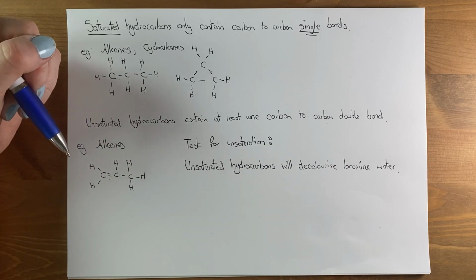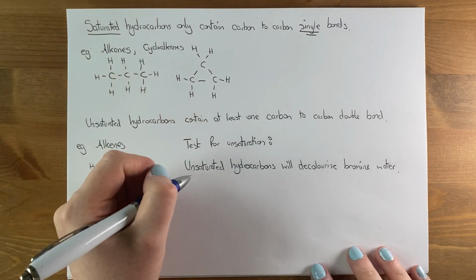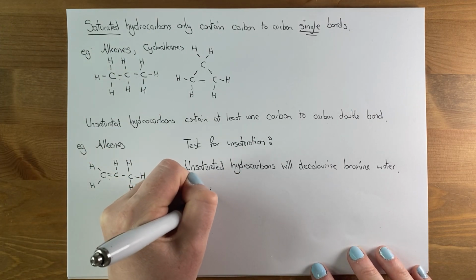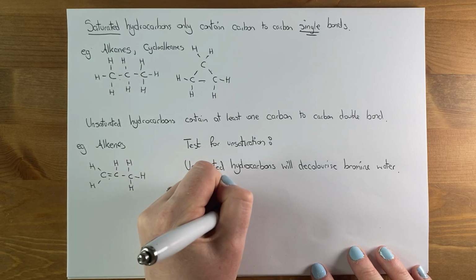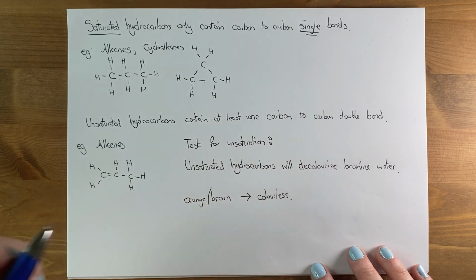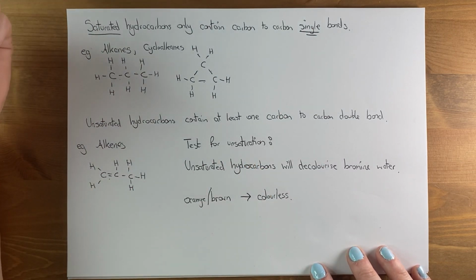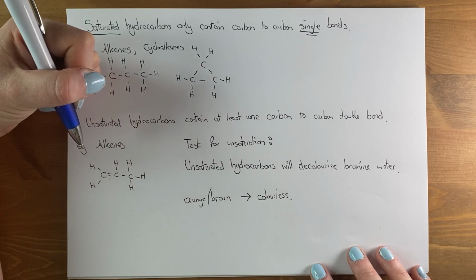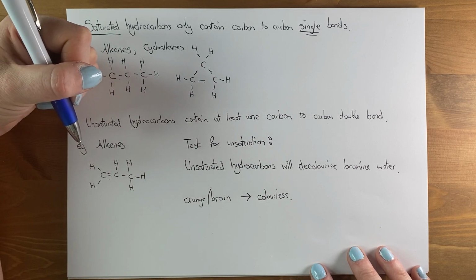What happens is that the colour from the bromine solution disappears when it reacts with our unsaturated hydrocarbons. So the bromine solution goes from an orangey brown colour to colourless. And that's what you would expect to see. This would be your test to see if you have a double bond, to see if you have an alkene in a solution if you were given an unknown solution.